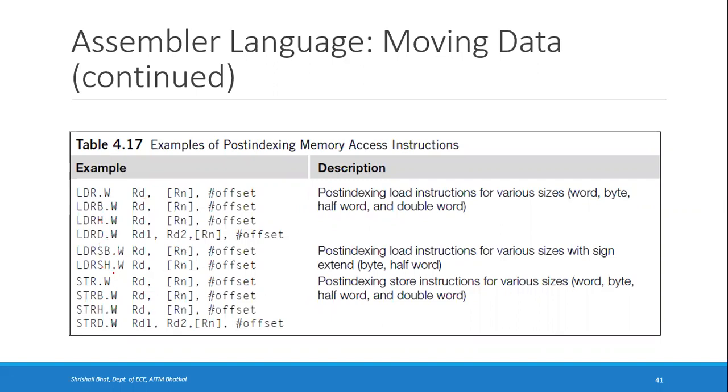Similarly, SB and SH stand for sign extension of a byte and sign extension of a half word. Similarly, we can have store word, which stores a 32-bit word from a register into a memory location, and then updates that register with Rn plus offset. For a byte, half word, and double word, you can have these particular suffixes B, H, and D to perform for different sizes. So that's about pre-indexing and post-indexing.